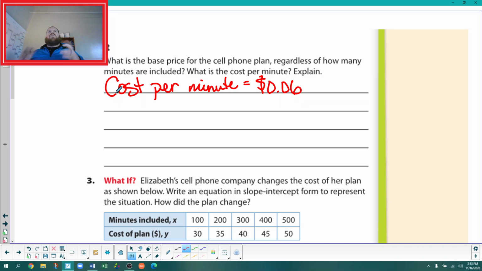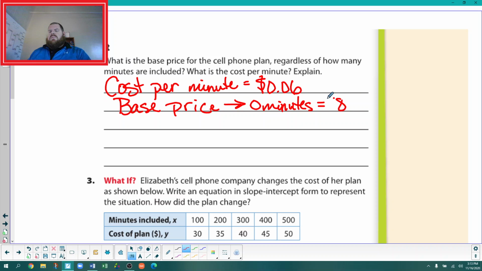Now, if she had 0 minutes on the plan, that would be like plugging in 0 for x, which is going to give us our y-intercept of 8. So the base price, which means 0 minutes, is $8.